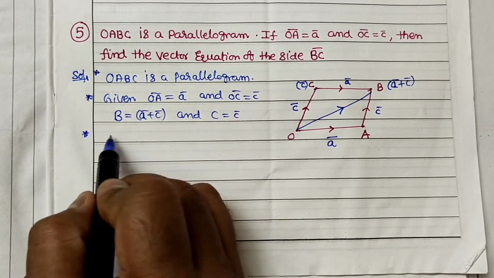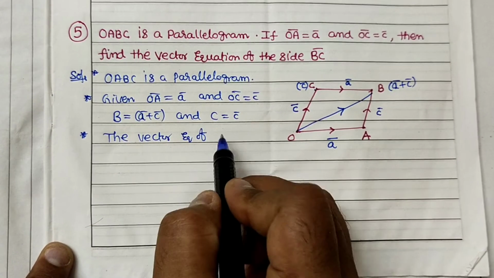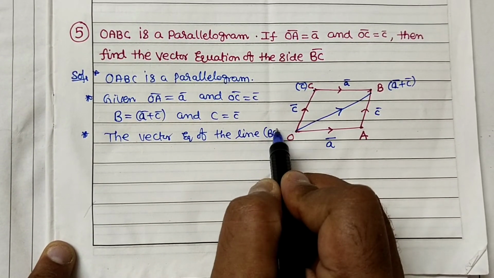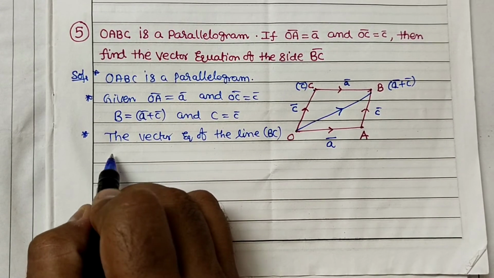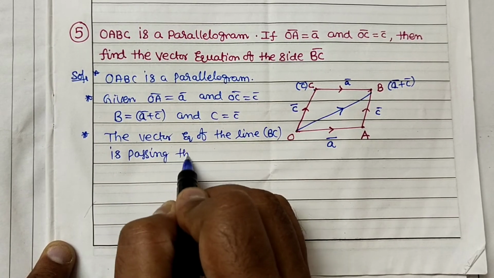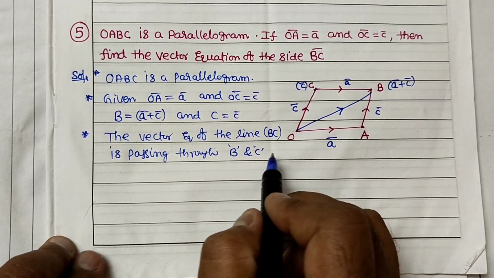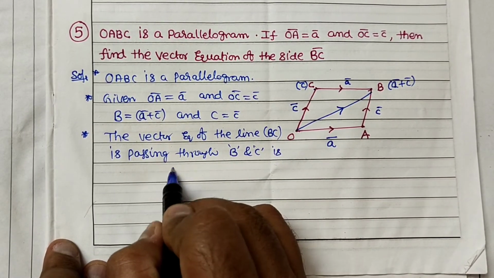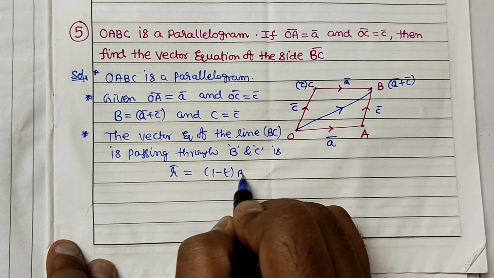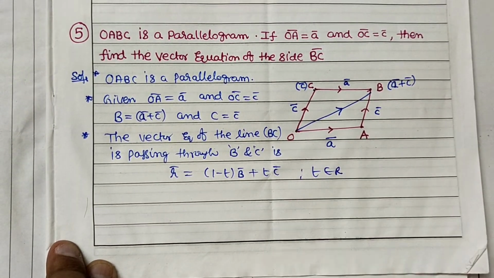We know that the vector equation of the line, the side BC, passing through B and C, is, first write the formula, R bar equal to 1 minus T into B bar plus T into C bar, where T belongs to capital R, real number.